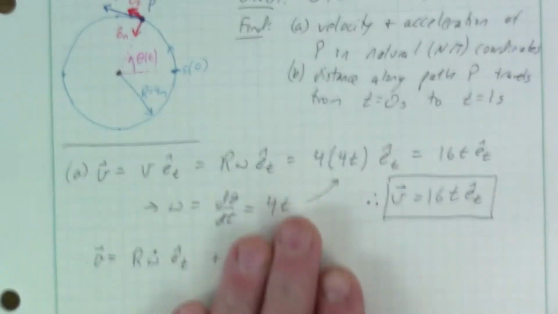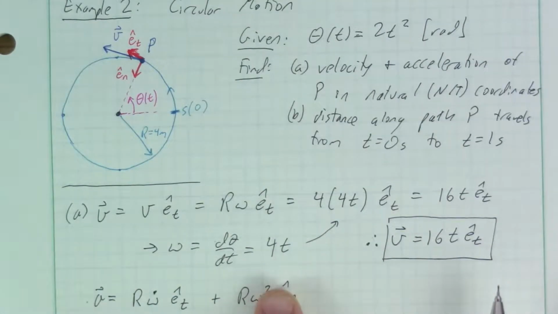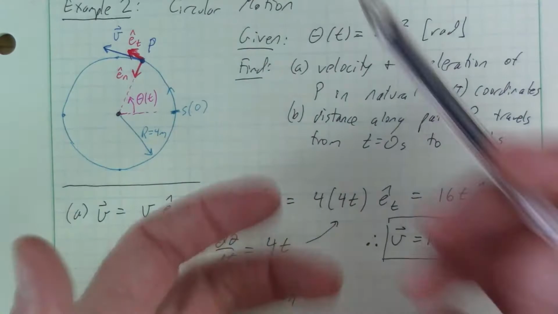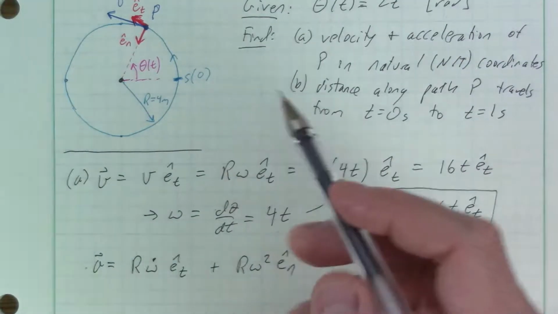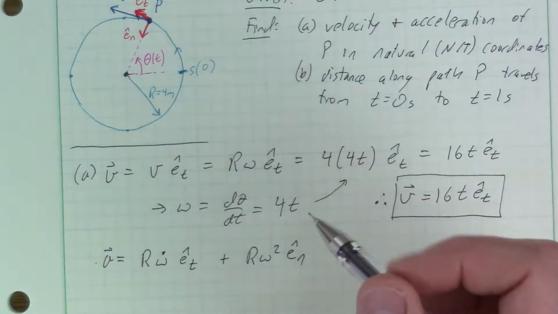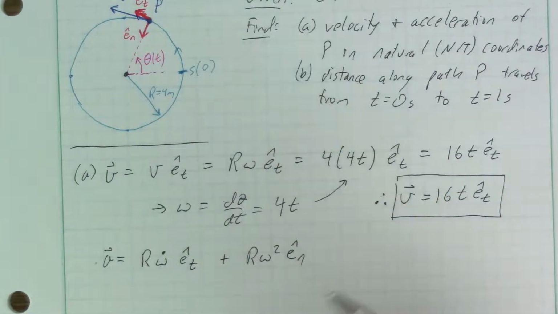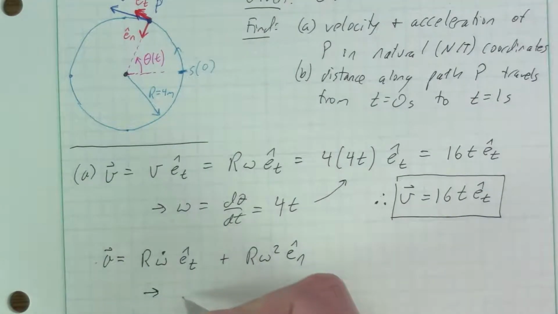If all of a sudden this term disappeared, it would zoom off and never be pulled back in. So this is the thing that's always pulling it back towards the center and keeping it in a circle. We're not actually talking about forces, but this is the kinematic component that tells us it stays in a circle. If it's just this, nothing is going to keep it in a circle.